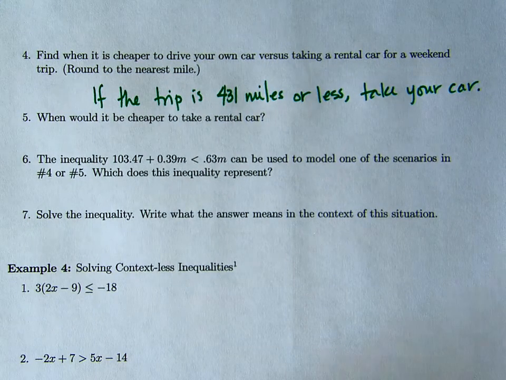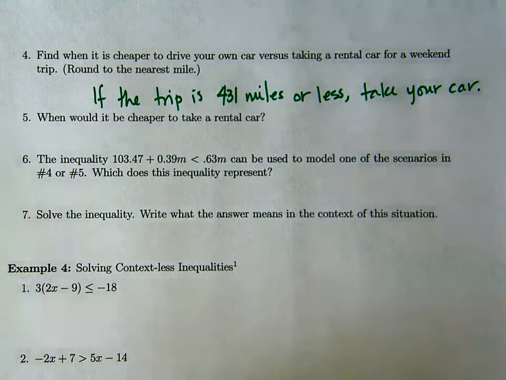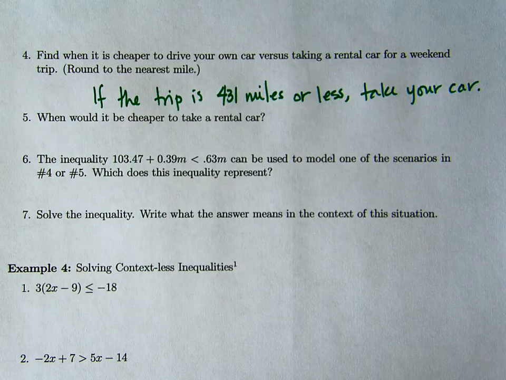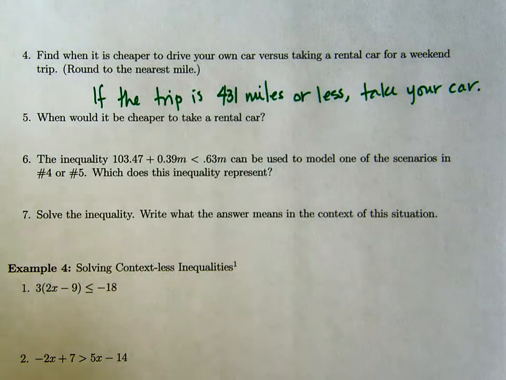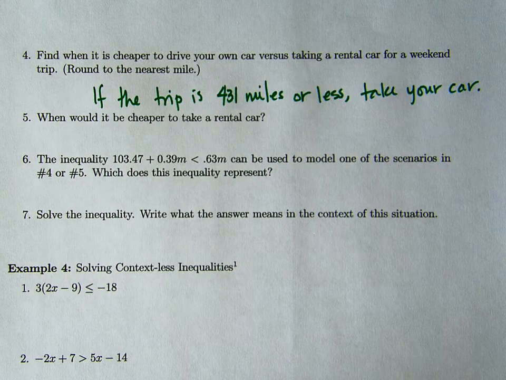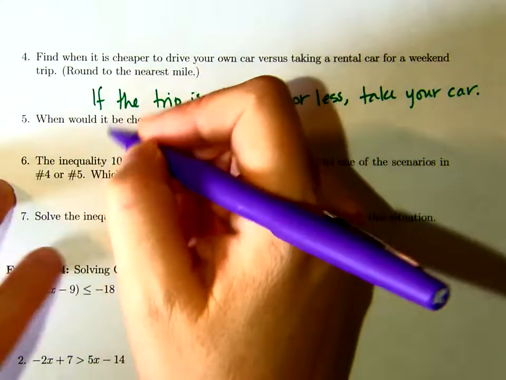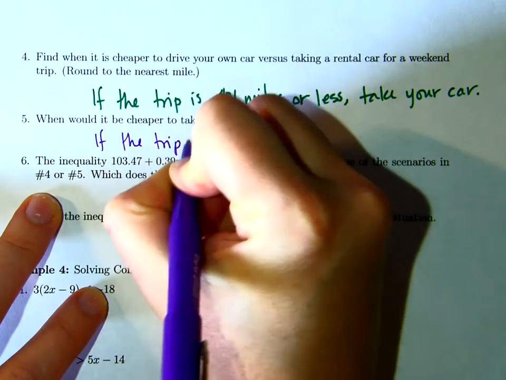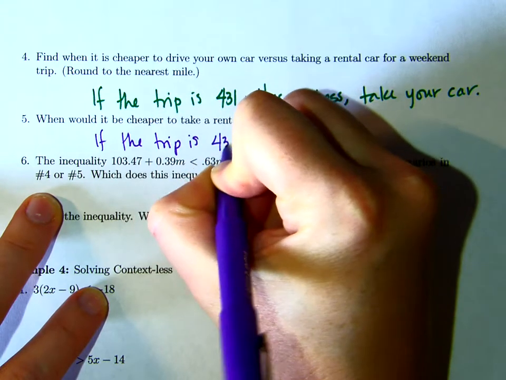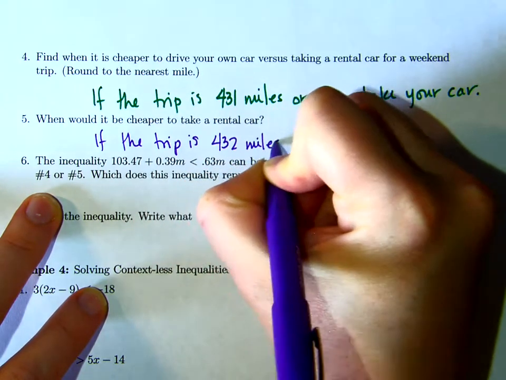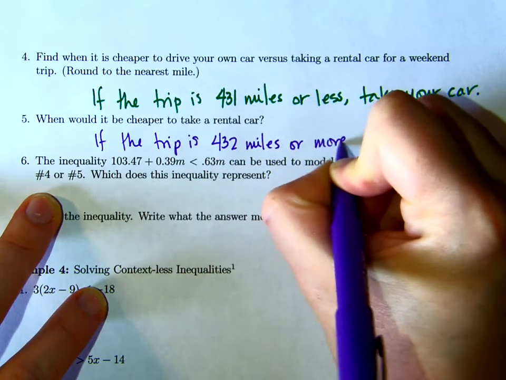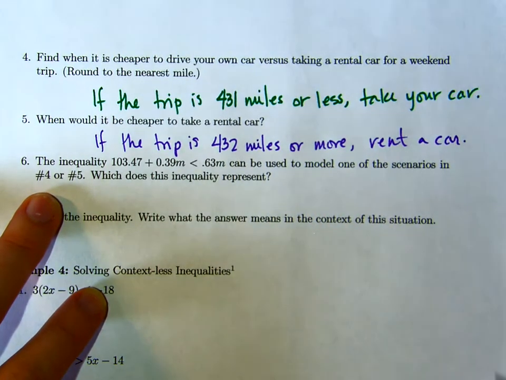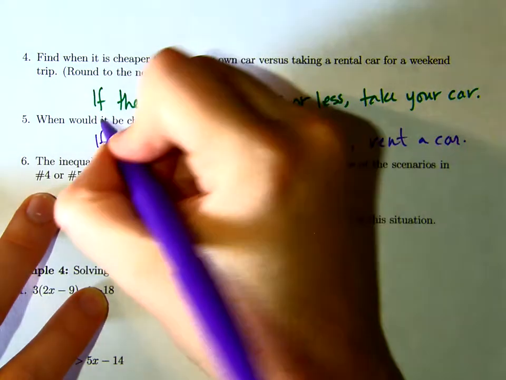When would it be cheaper to take the rental car? On the flip side of that. So, okay, we'll go purple style, why not? Just keep the rental all purple here. If the trip is 432 miles or more, rent a car, it'll be cheaper.